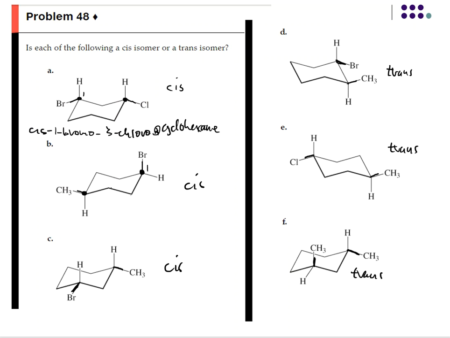Or if I go the other way, if that's a 1, then this is number 2, then that's number 3, then this one's number 4. It's a 4 no matter how you go with it. And then I put everything else in alphabetical order. So this has to be a cis-1-bromo-4-methylcyclohexane. And that's the name for that structure.